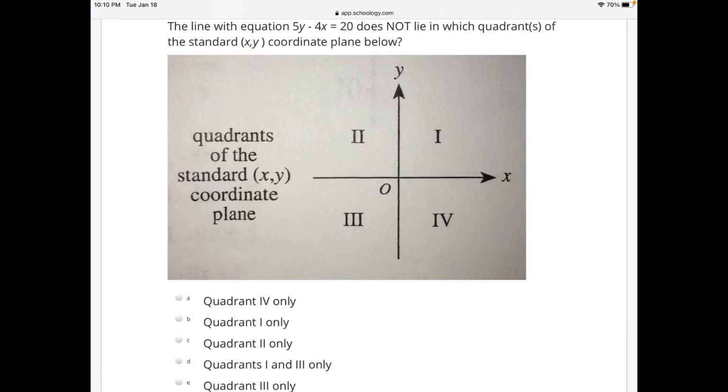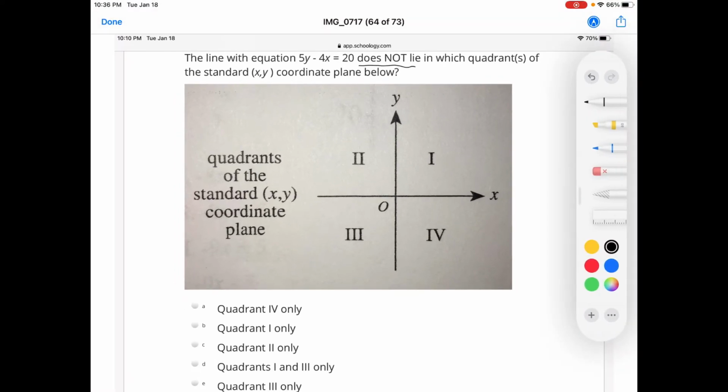Okay, number 12, which quadrant does the line not go through? It does not lie in which quadrant? And so let's get y by itself. We'll take the x term over. And so you'll have 5y equals positive 4x plus 20. Divide everything by 5.